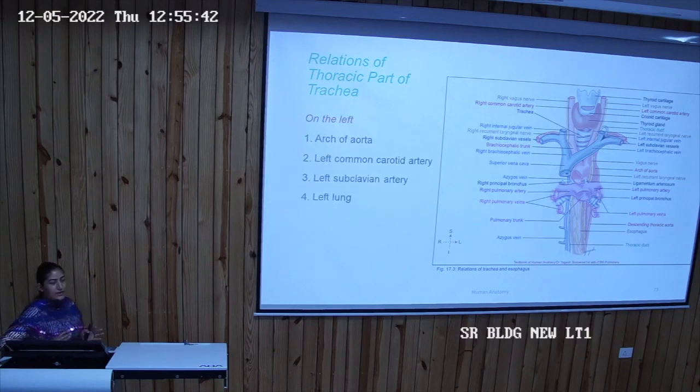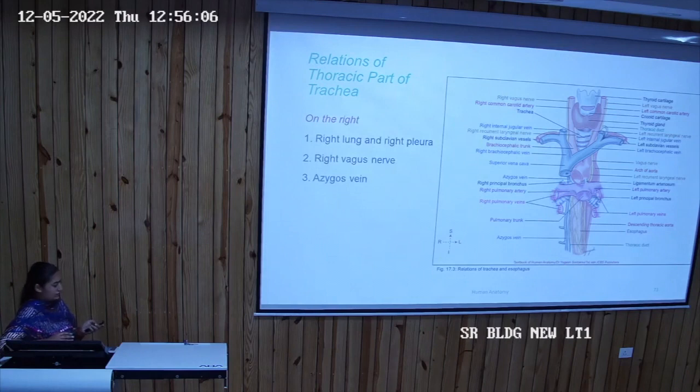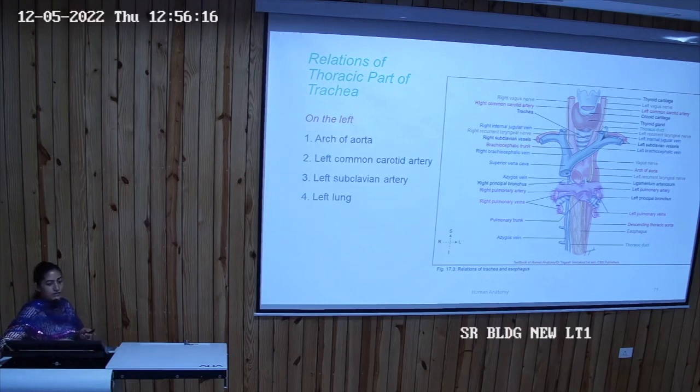When you see the mediastinal surface of the lung, you will see the arch of azygous vein on the right and the arch of aorta on the left. The arch of aorta gives an impression on the left lung, and the azygous vein gives an impression on the mediastinal surface of the right lung. So on the right relation we have the azygous vein. Opposite to that we have the arch of aorta, left common carotid artery, subclavian artery and the left lung. These are the relations on the left side.